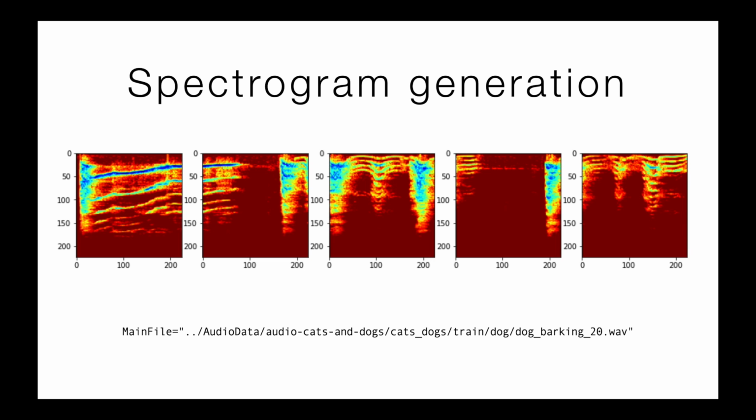Now we'll talk a little bit about the technical side of things, and this is a bit of a step forward, but this is a quick overview of how we actually do the sound analysis. What I'm showing you right now is a spectrogram. It's a spectrogram of a dog barking.